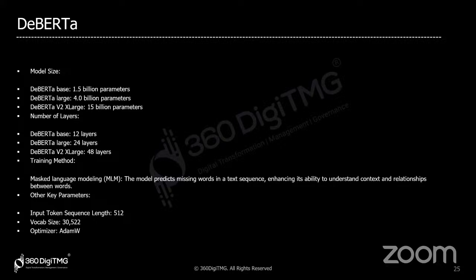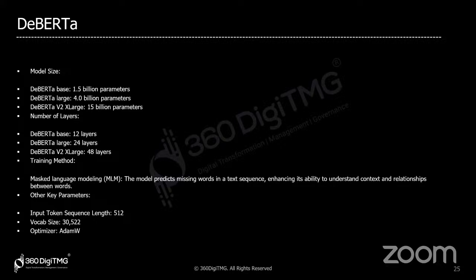Then the DeBERTa V2 XL model is trained on 15 billion parameters and has 48 layers. Then the training methods of it. Masked language modeling, that is MLM, the model predicts missing words in the text sequence, enhancing its ability to understand the context and relationship between the words.